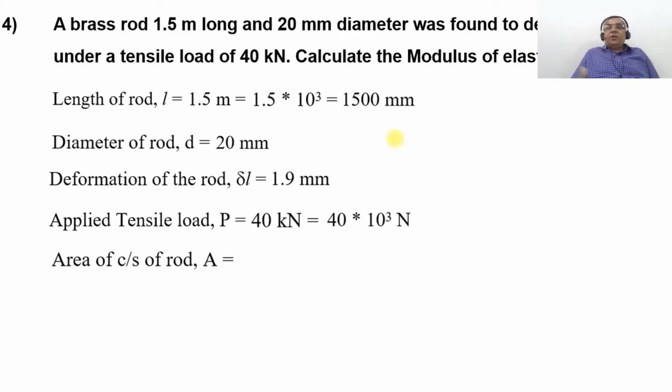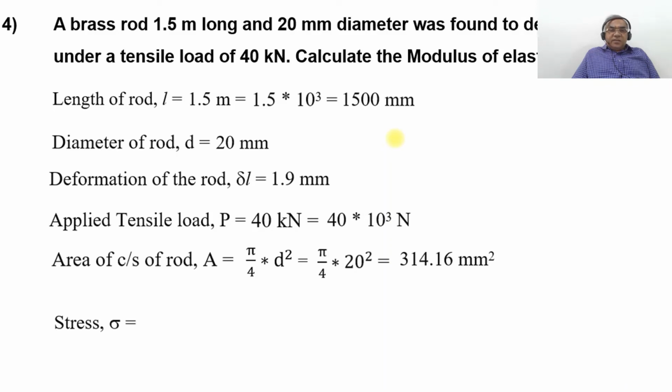What we need to find out is the modulus of elasticity of the rod, E. So what is the area of cross-section of the rod? As the diameter of the rod is given as 20, capital A will be equal to pi d square by 4, which will be equal to pi by 4 into 20 square. On calculation, you are going to get it as 314.16 mm square.